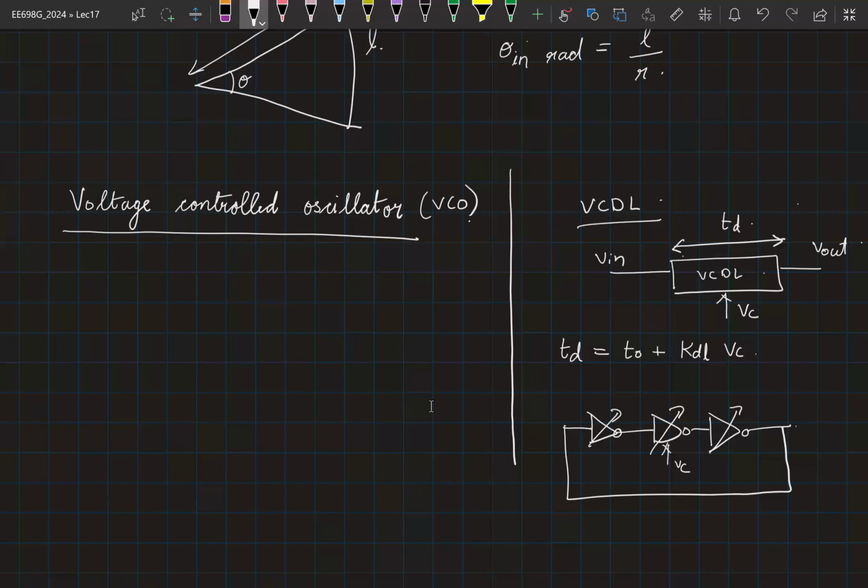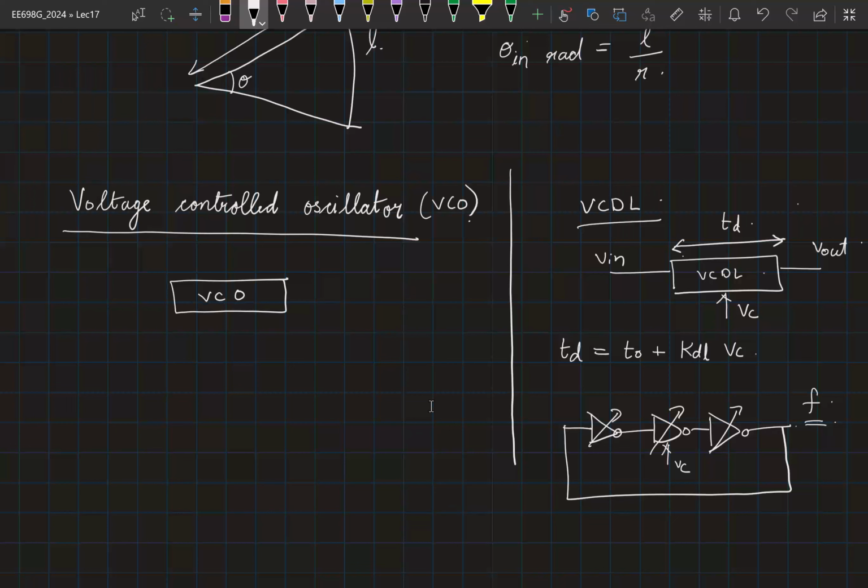If I put an odd number of inverters in a loop, it is going to oscillate at some frequency, let's say f. As I change Vc, the delay of the inverters changes, because of which the frequency is changing. Now this becomes a voltage controlled oscillator, so we'll model this as a VCO.